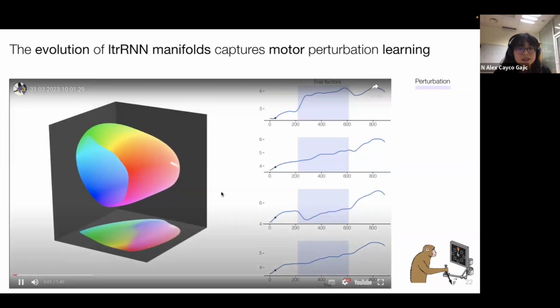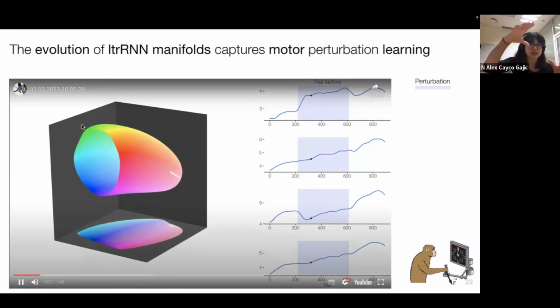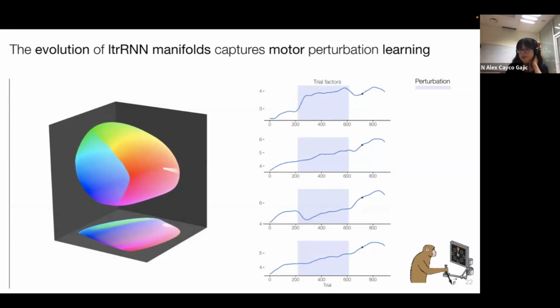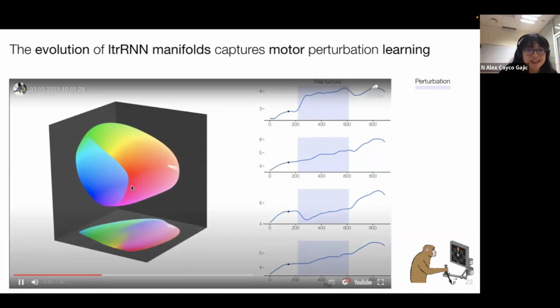So here you can see that what happens on the perturbation block, there's going to be a rotation right now here of the entire manifold. You see it rotates. And then at the end of the perturbation right now, here, it rotates back. So this is the change that we saw in this particular data set. I'm going to show it again. So it rotates right now. You can see it rotate there.